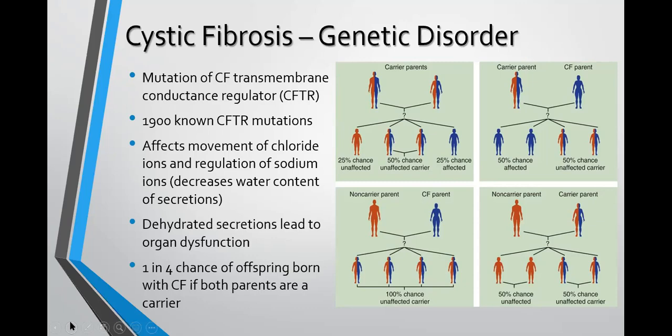One of them will not have anything and 2 of them will be carriers. See that? If you have one Caucasian that has full-fledged cystic fibrosis and the other one is just a carrier, then if they have children, 2 of them will have cystic fibrosis full-fledged and the other 2 will be carriers. Okay, so that's just kind of showing you how it spreads.